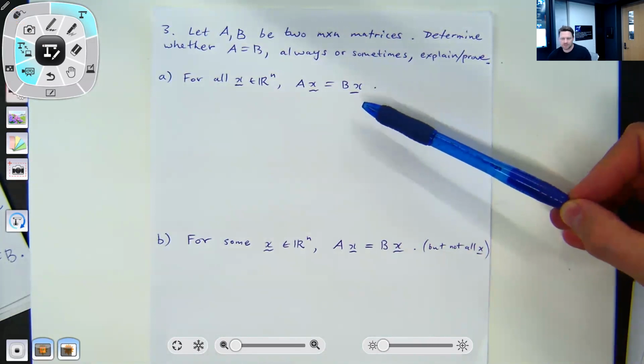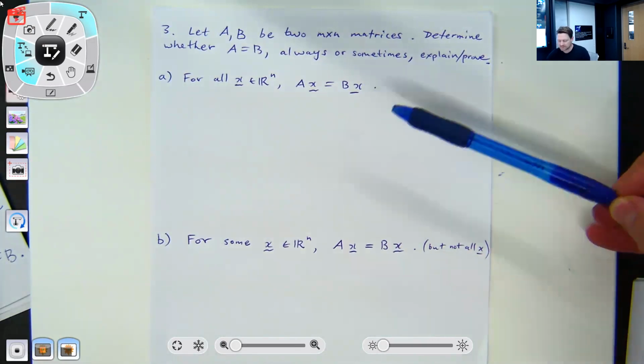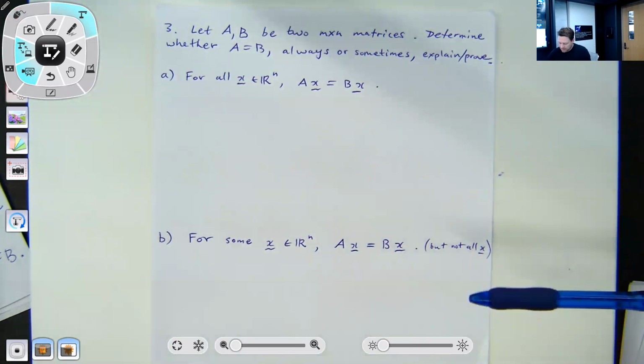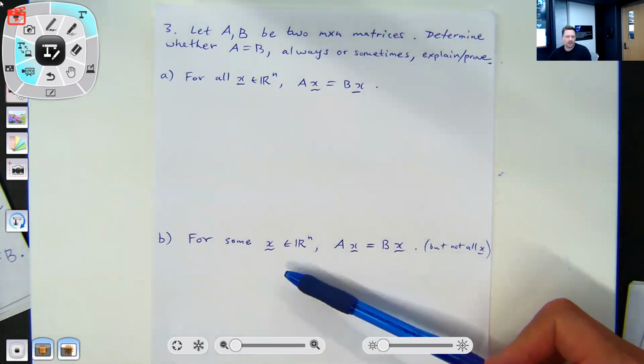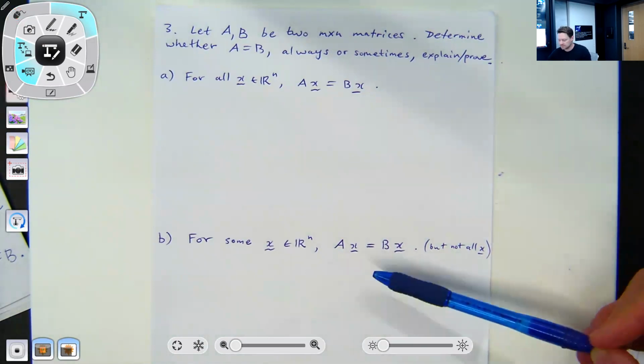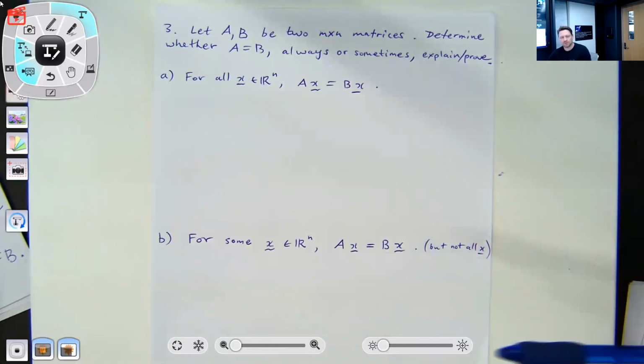So the question is, do we always then have A equal to B? The second one asks, if this holds only for some X in Rn, that AX equals BX, do we have A equal to B always or only sometimes?